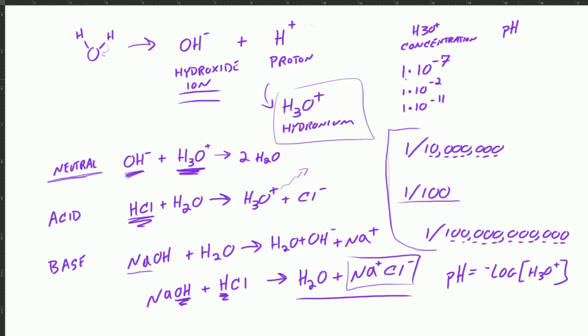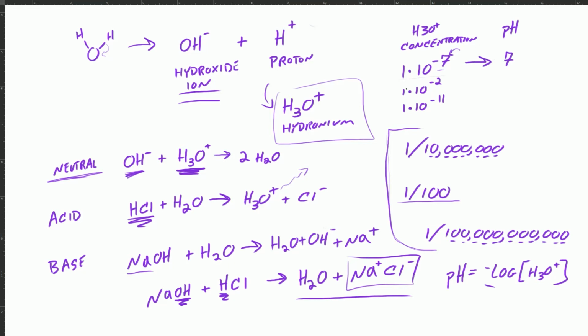So here's our hydronium ion concentration, and the log is really just looking at this unit up here, this number here. So the log of 1 times 10 to the negative 7th is negative 7, and pH is the negative log, so the pH is 7. See that?